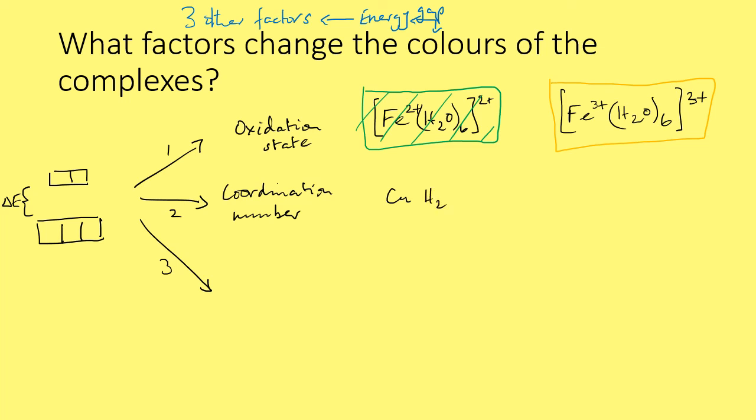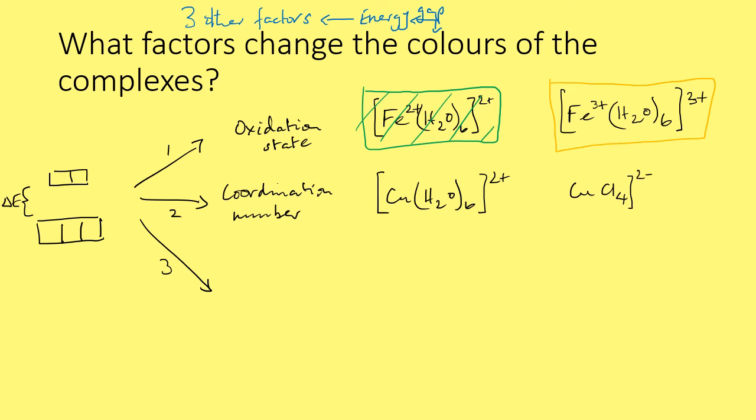Right, so we've got water, and we've got 6 water ligands, and it's a 2+ ion. Right, but if we change the coordination number, we actually also have to change the ligand. Right, so we're going to compare this to copper chloride complex.